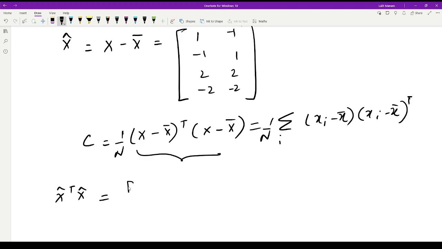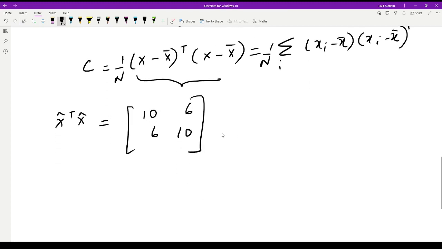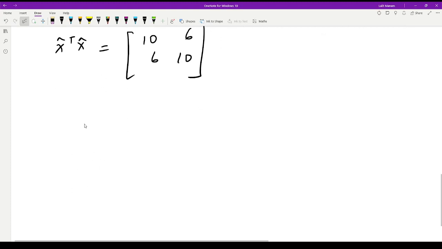So if you try to compute this, it turns out to be something like this. And now once you have this specific matrix, you just need to find the eigenvalues. How do we find the eigenvalues? Let me call this matrix A. A minus lambda I, determinant should be 0 for eigenvalues.